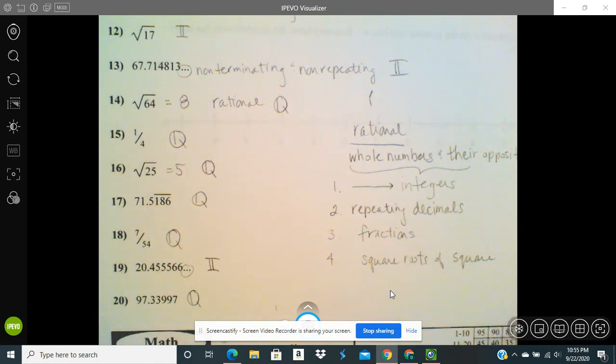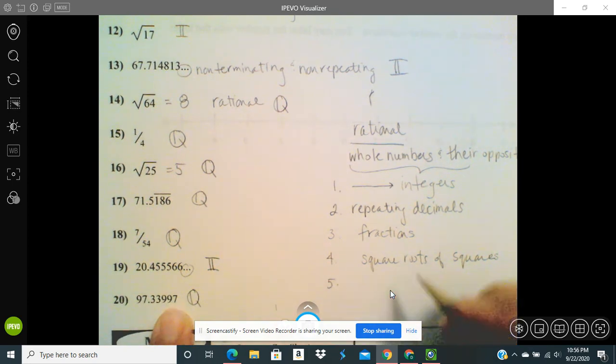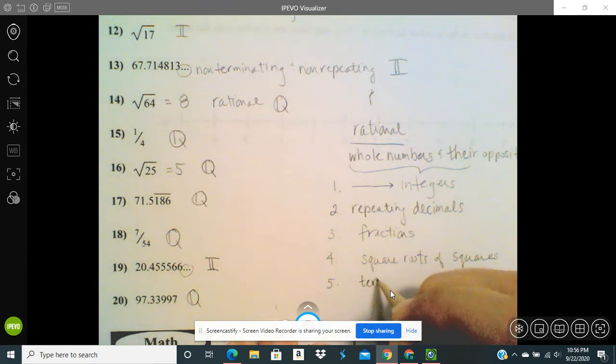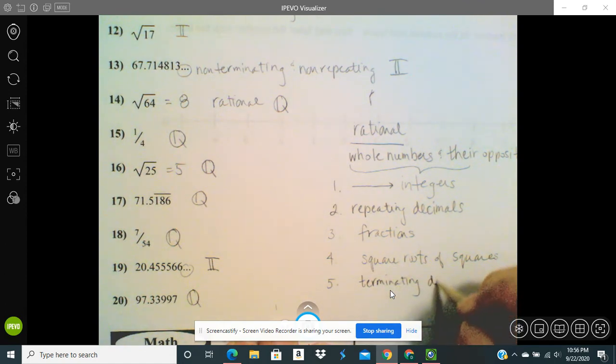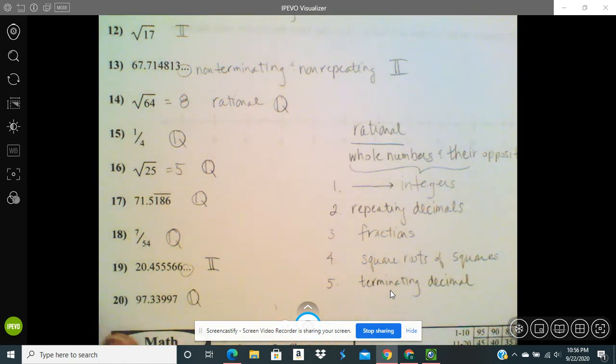Repeating decimals, fractions, square roots of squares. And I think that covers everything. Oh, this one right here, that's a terminating decimal. So a terminating decimal is rational as well.